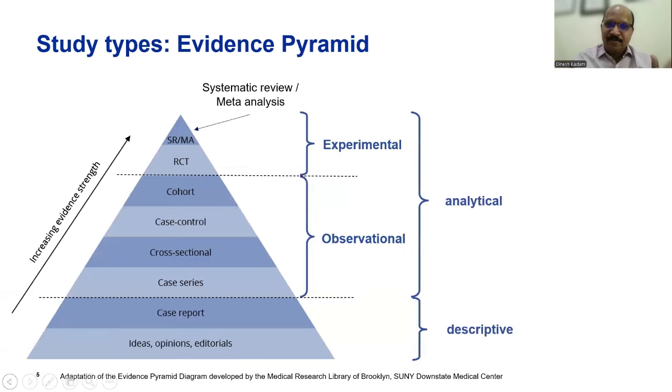Now, in terms of evidence, highest evidence is always for the systematic review and meta-analysis, which involves the analysis of good quality research, like analysis of RCTs.